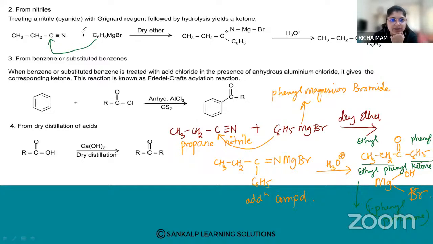So this bond will attach here and this will attach here. So CH3 CH2 C, then C6H5, then a double bond N, Mg, Br.